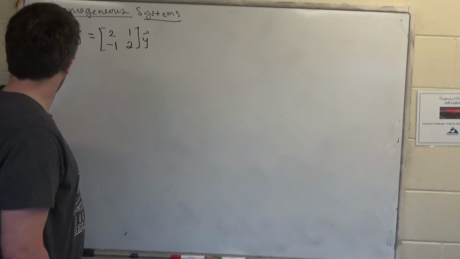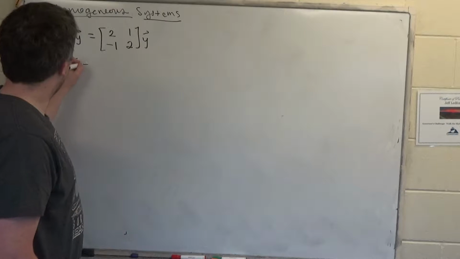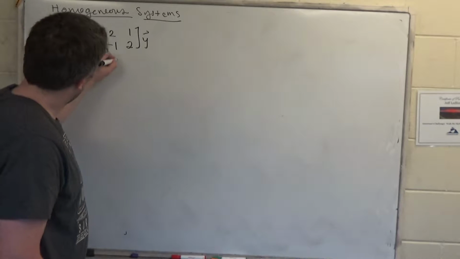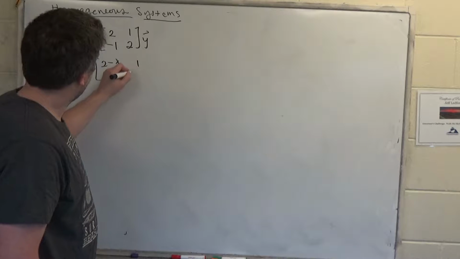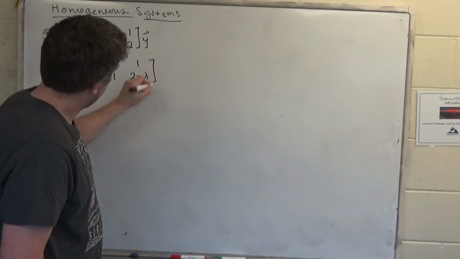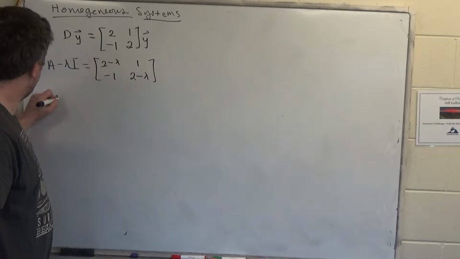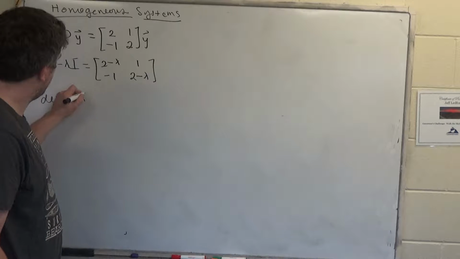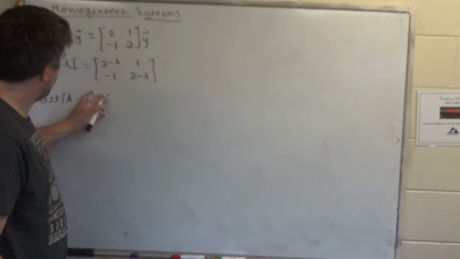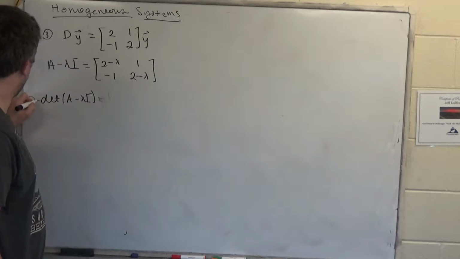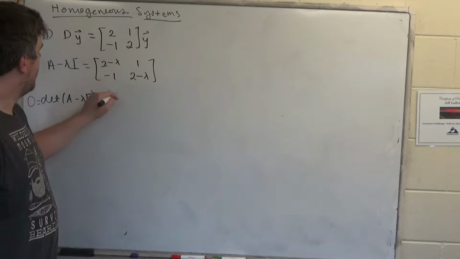So we start with A minus lambda I, and set the determinant of this equal to 0. So I'll put the 0 over here so it doesn't get mixed in.